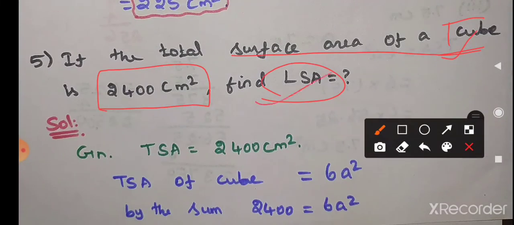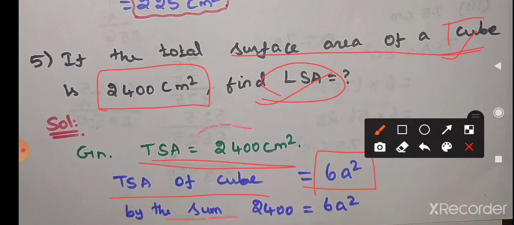So the solution: they have given the TSA, which is 2400 centimeter square. The TSA of a cube formula is 6a square. By the sum they have given 2400, so 2400 is equal to 6a square.